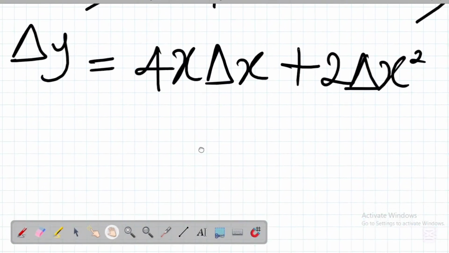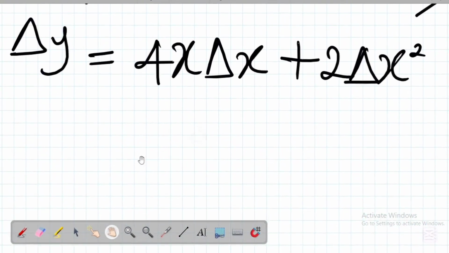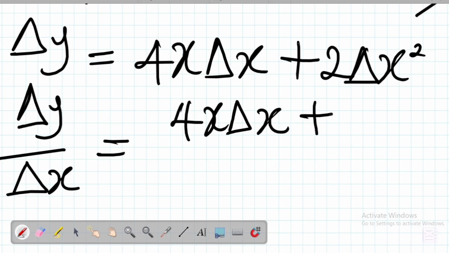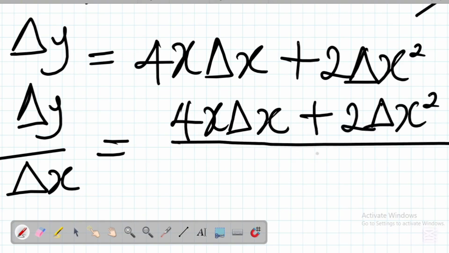Our next task is to divide both sides by changing x. So we have changing y divided by changing x equals 4x changing x plus 2 changing x squared all over changing x.